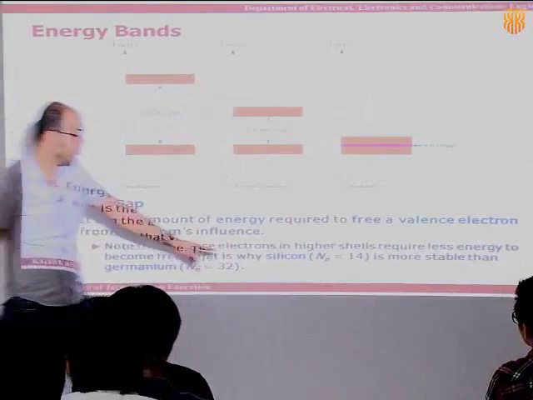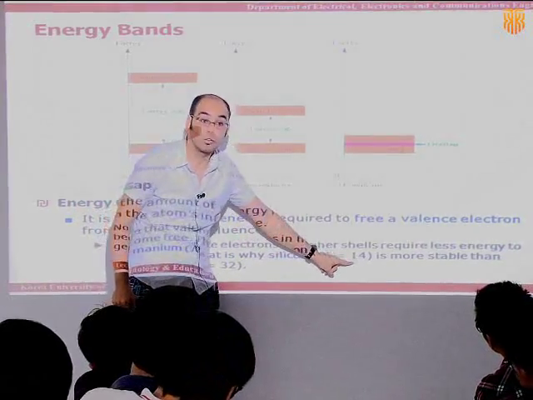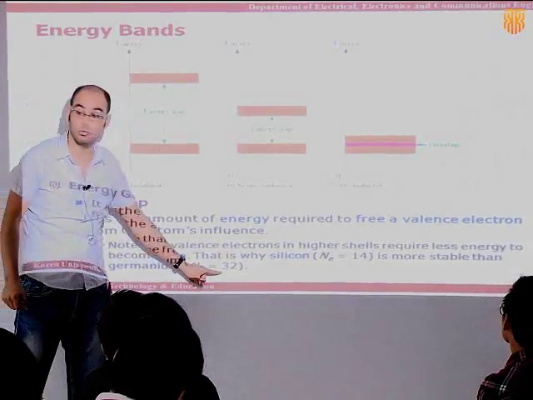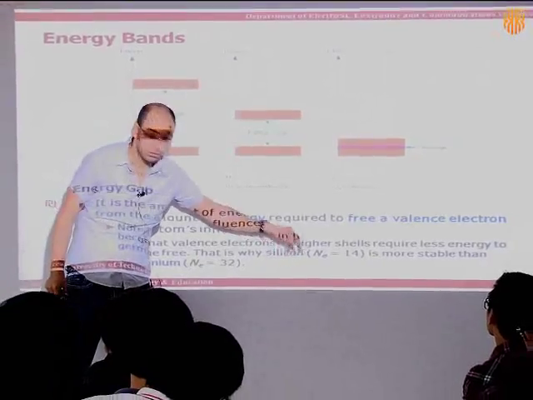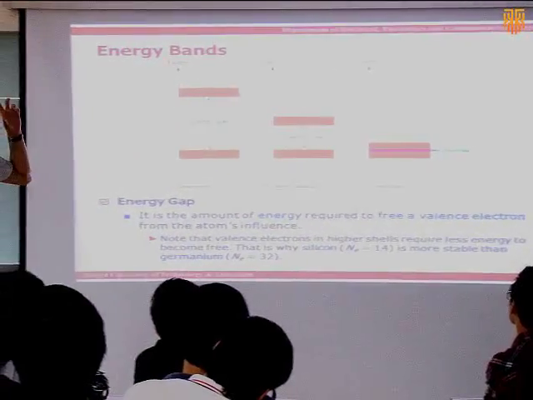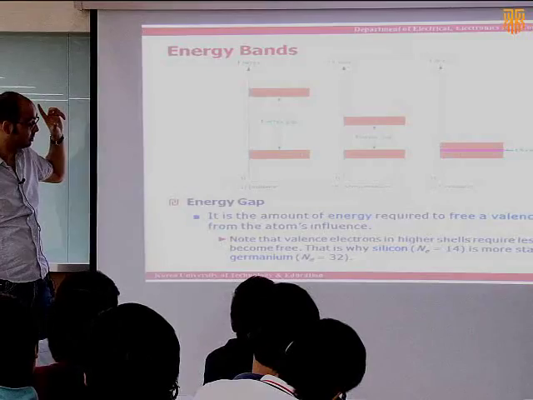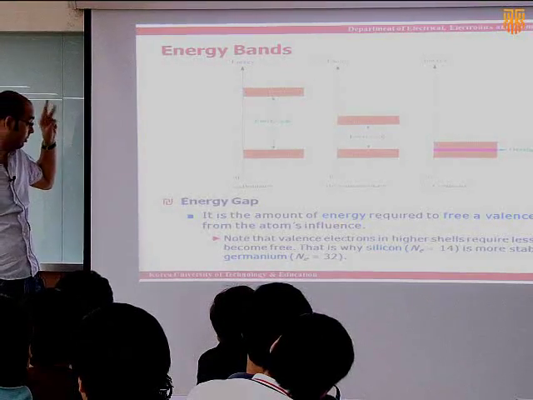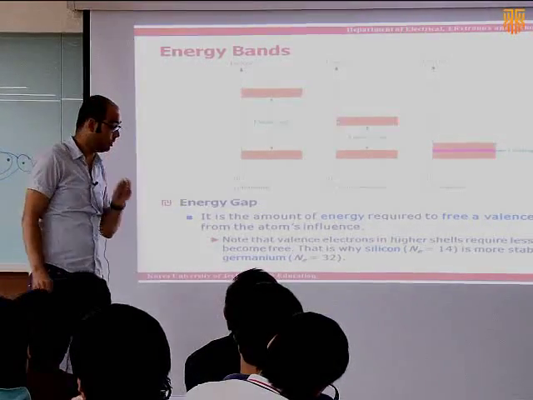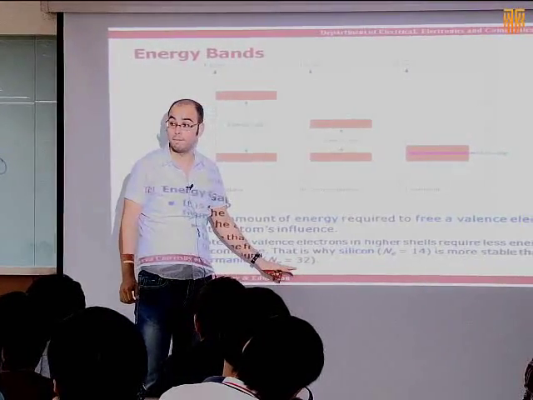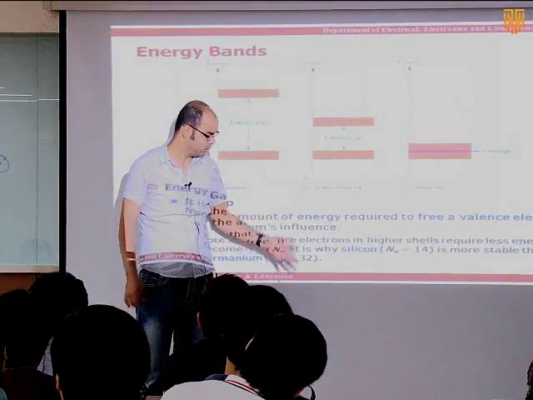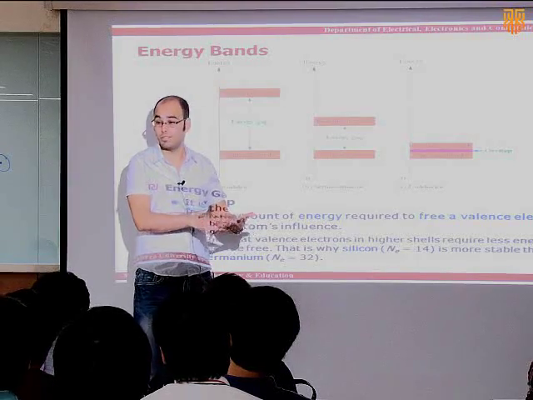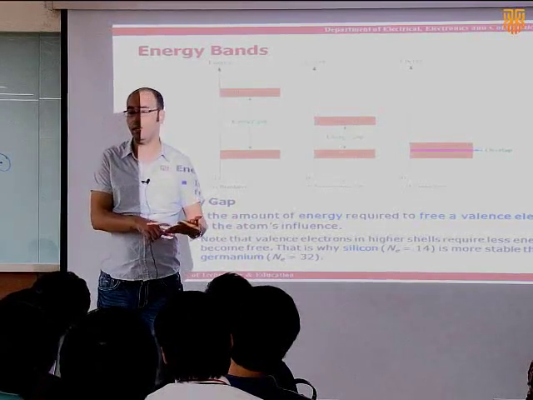We have silicon. It has Ne equal 14, and germanium has Ne equal 32. Which is more stable, this one or this one? Silicon. Why? Because it has how many shells? 3 shells, right? And this one has 4 or 5? 4. 2, 8, 18, 4.